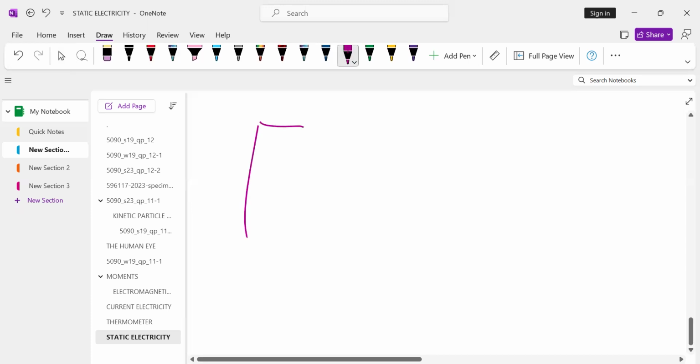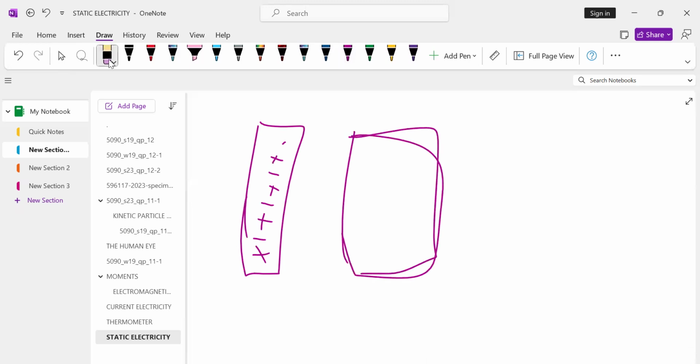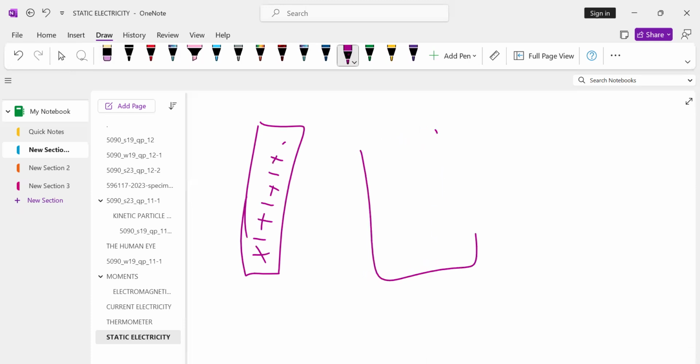For example, this is a glass rod and it has positive protons and negative electrons both. Then we have a duster. For example, this is a duster. It also has positive and negative charges, protons and electrons.